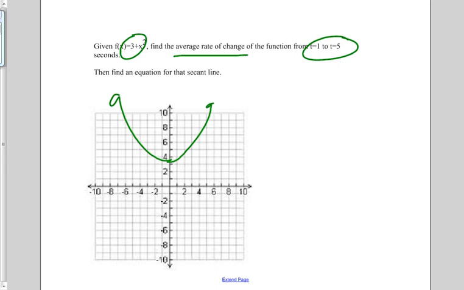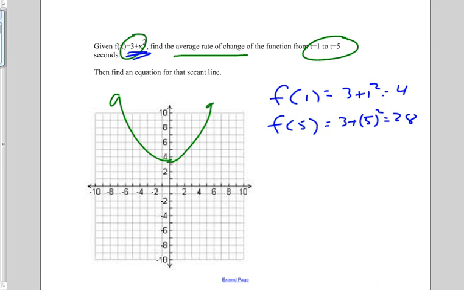Okay. Well, in order to do that, let's define f of 1 and f of 5. This is my function. So f of 1 is 3 plus 1 squared, which is 4. f of 5 is 3 plus 5 squared, which is 28. So we could show that here. Here's the point 1 comma 4.